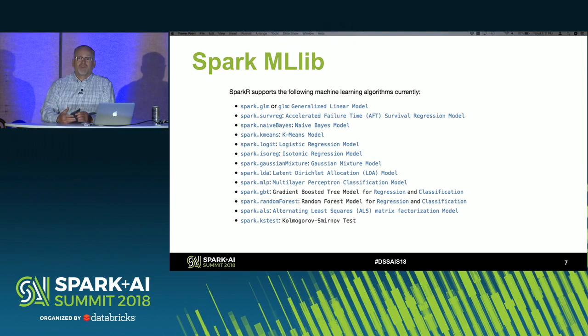They're able to process, I use the word arbitrarily, but to some degree, arbitrarily large data sets. So you can really do a lot more than you were able to do before if you're looking at a pure single R server application.